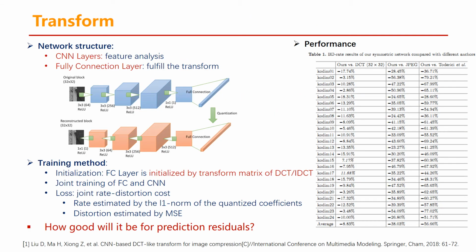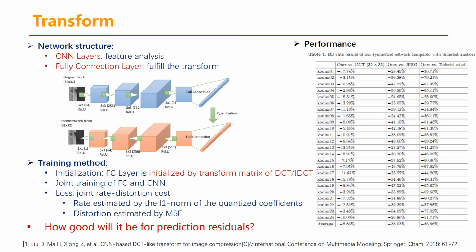Transform is another module utilizing spatial correlation in the hybrid coding framework. Here, a CNN to analyze features in the original blocks together with a fully connected layer to fulfill the transform is proposed to be used in image coding. And DCT transform matrix is used as initialization for the fully connected layer.